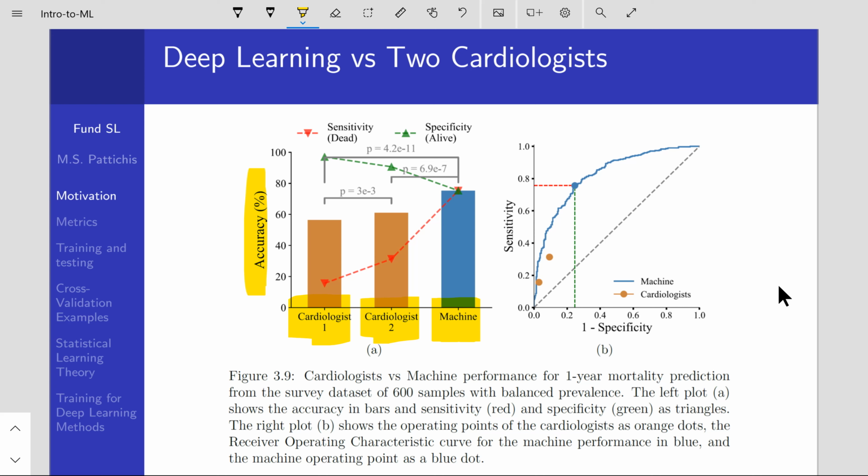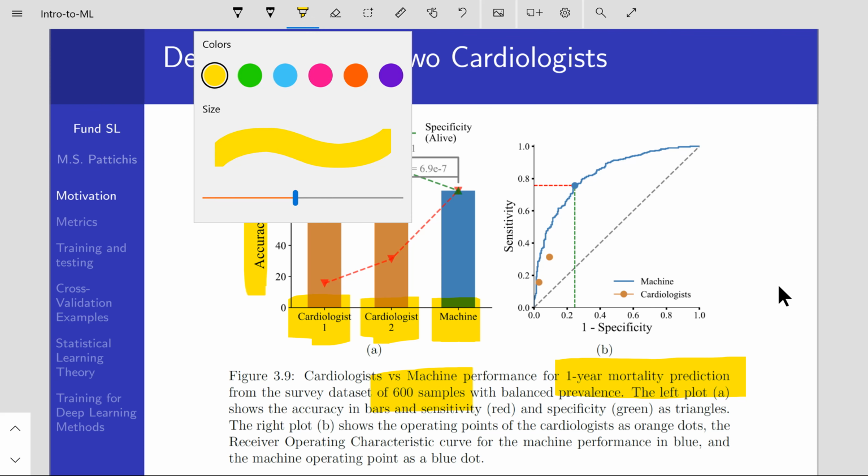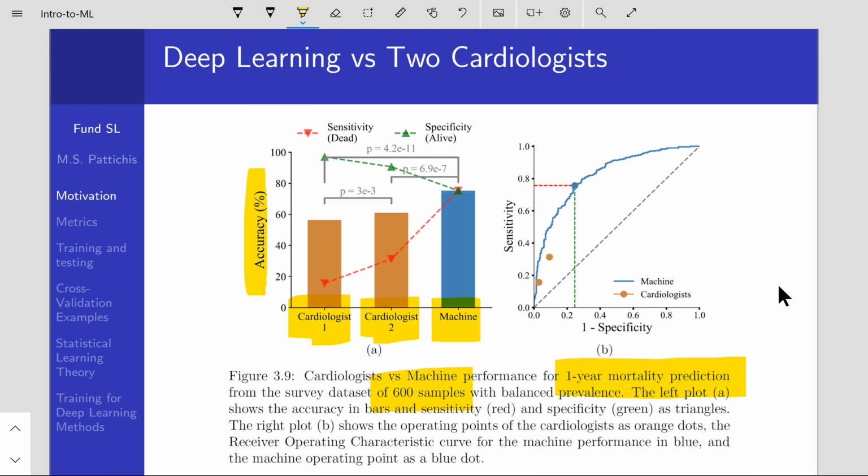In this case, he's looking at what we call a 1-year mortality prediction. In other words, you examine the data and you predict whether the patient is going to survive within 1 year or not. He's looking at a data set of 600 samples and what is called balanced prevalence. So he has a balanced data set, 50% of each type, people who survived and who did not, and that's classic.